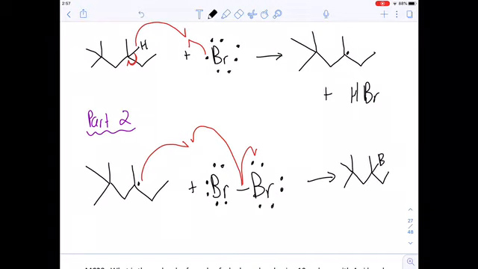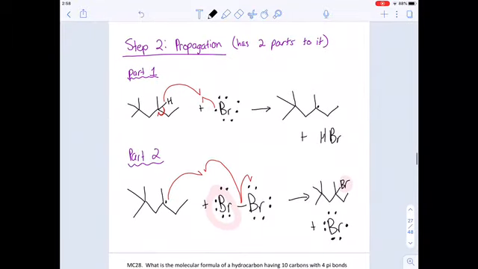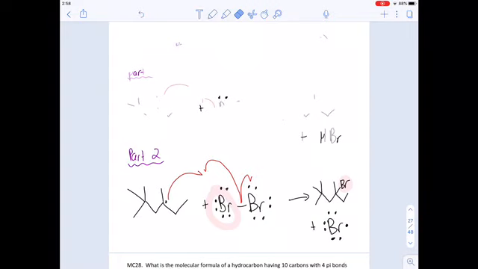And this is going to be the addition of the Br to our chain. So now you have this Br over here that added directly to the chain. And then you're also going to have one Br radical as a result.